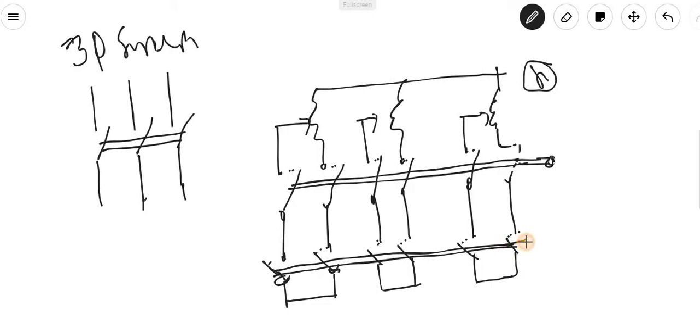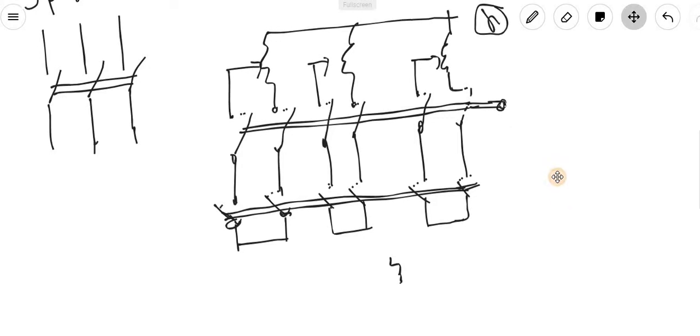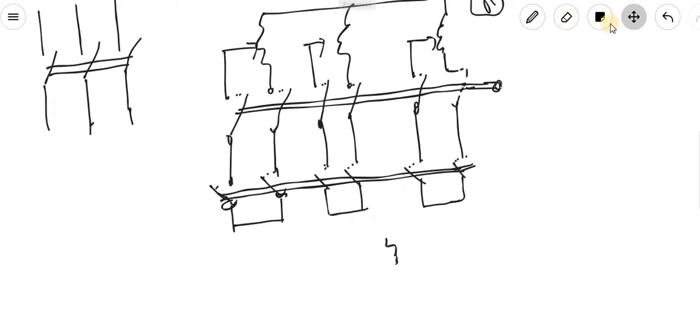And these things will be going to the motor winding.